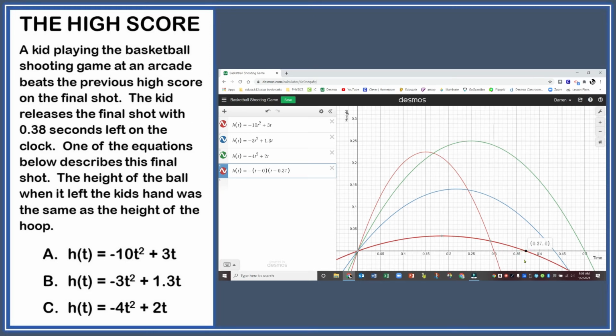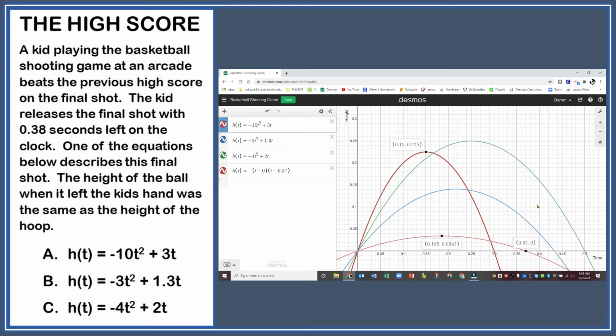This equation in intercept form gives us a parabola that shows us the ball will go in only 0.37 seconds, which is before the clock runs out, because remember we have 0.38 seconds for the ball to go in, and it meets the requirement of the problem because the maximum height of this parabola is only 0.0342 feet, and the parabola that we're comparing it to has a height of 0.225.